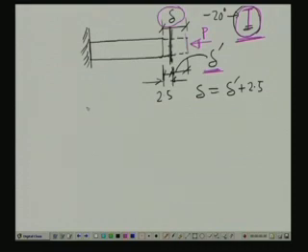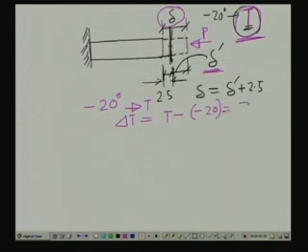Now, initial temperature was minus 20 degree, the final temperature is capital T. So, the delta T, the change in the temperature, is equals to T minus of minus 20, so this is equals to T plus 20. So, this is the value of delta T.